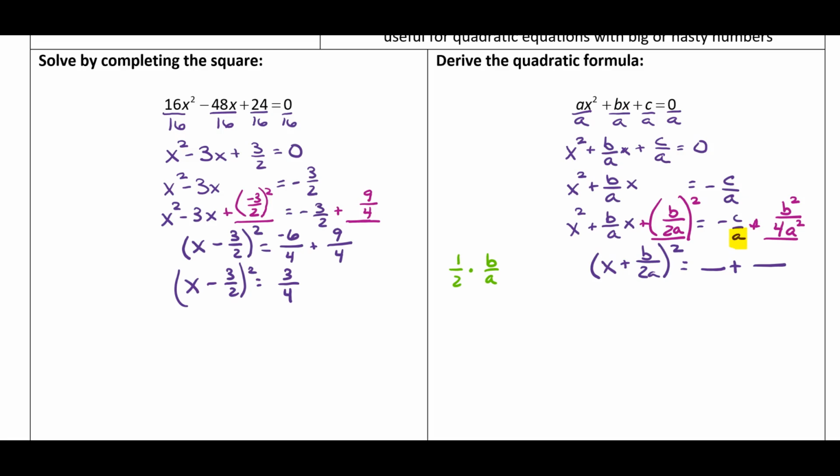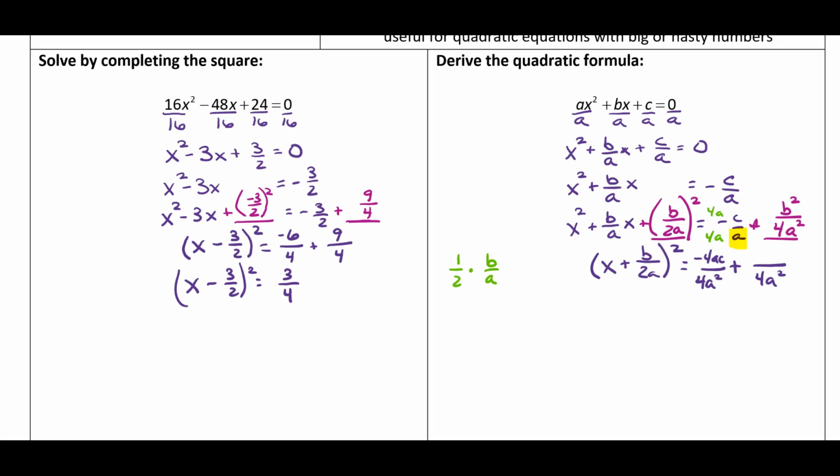And by doing that, I would end up with 4a squared. Okay, so that's all I'm doing, I'm trying to get the same denominator, so 4a squared. So if I multiplied the a by 4a, that means I have to multiply the c up top by 4a. So that becomes negative 4ac. All I'm doing is multiplying top and bottom by 4a.